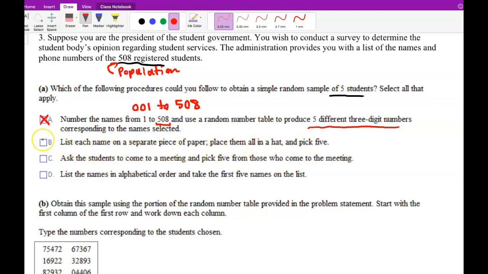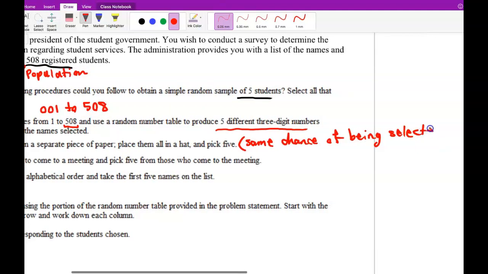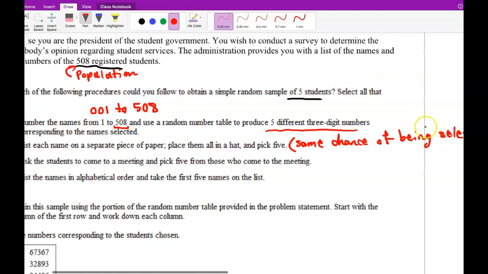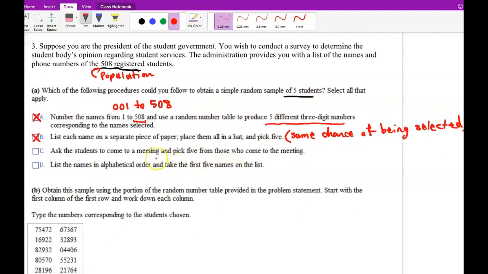But this is also correct. We have the same chance. That's how you can have part B.